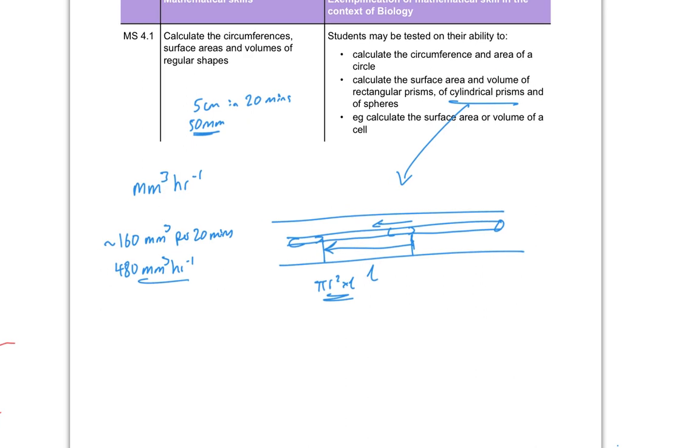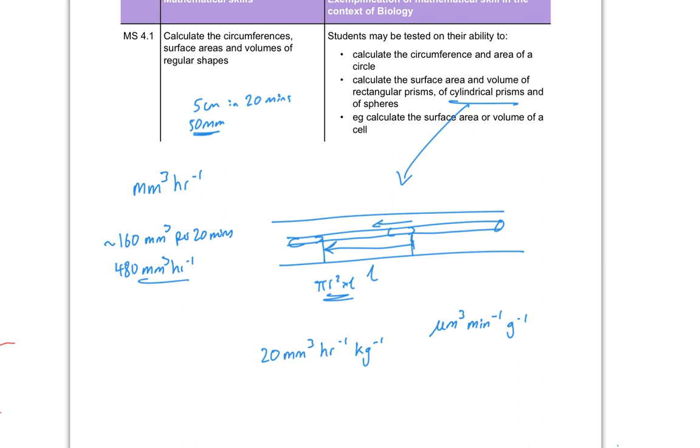It's moved, oops, where's the pen, 20 millimeters cubed per hour per kilogram body weight. So if we pretend that those are the units, and I want it into micrometers cubed per minute per gram.